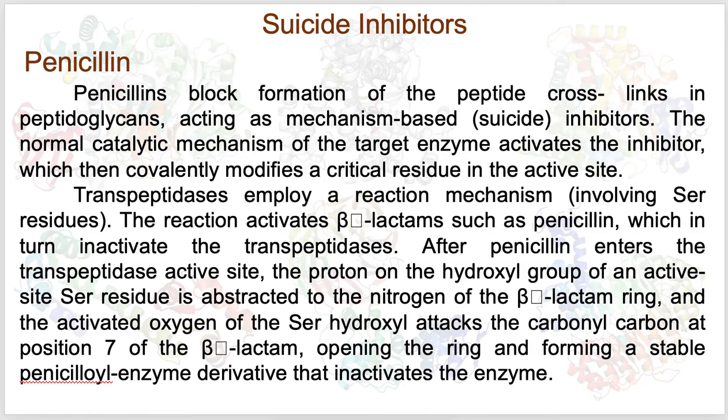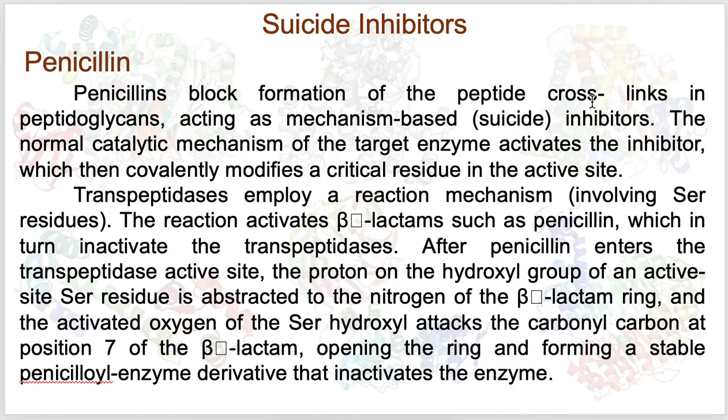Another well known example of suicide inhibitors is penicillin. So what does penicillin do? We know penicillin is an antibiotic, it kills bacteria, but how does it kill bacteria? Penicillin inhibits cell wall formation. The bacterial cell wall contains a peptidoglycan layer.